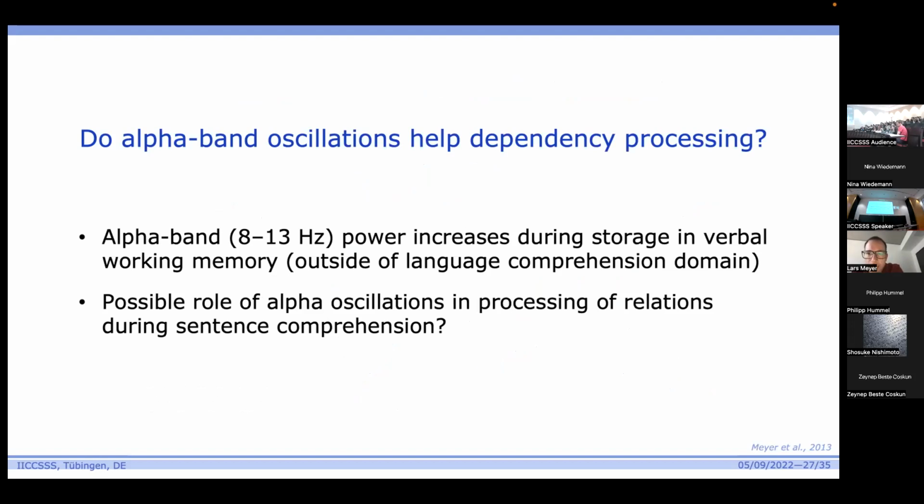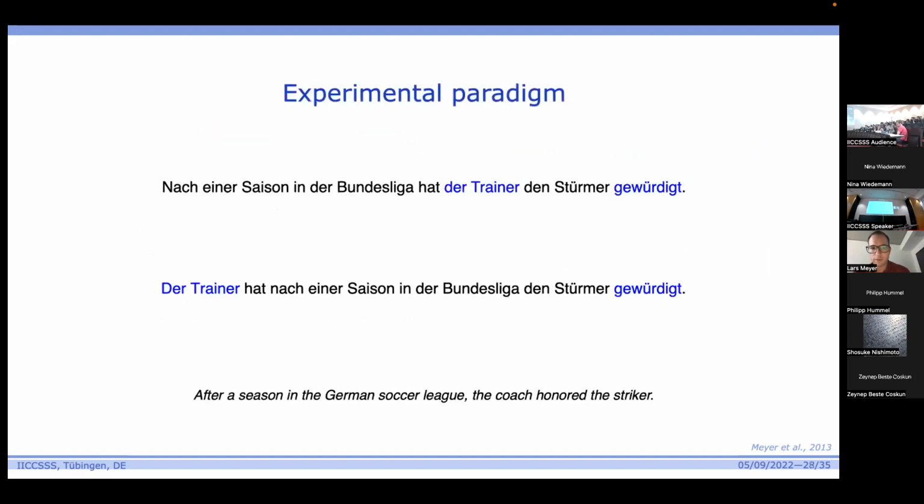That's been related to memory, functional inhibition. So there's a link between working memory and cellular activity, if you will. And in this study, we're thinking that this should also work for dependencies. Long dependency, short dependency. Short dependency, subject verb. Long dependency, subject verb.